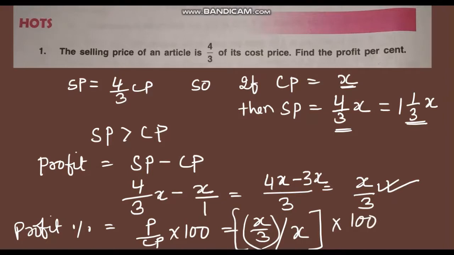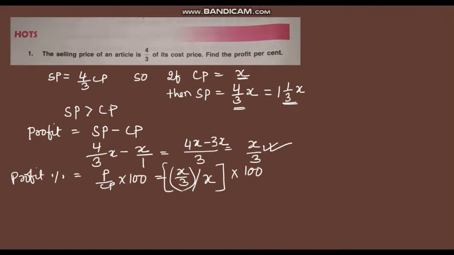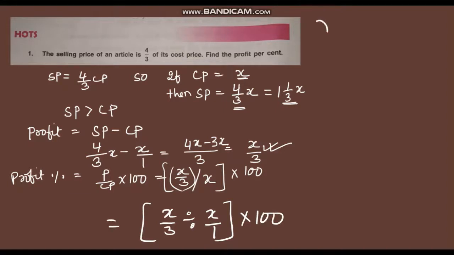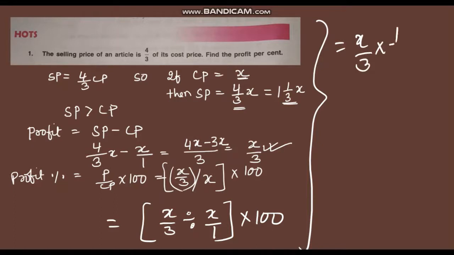So let's see how we can carry it forward. Now see here, this is equal to x by 3 divided by x by 1 whole multiplied by 100. So it can be equal to x by 3 multiplied by 1 by x into 100.